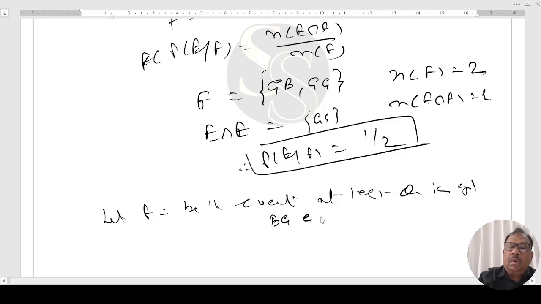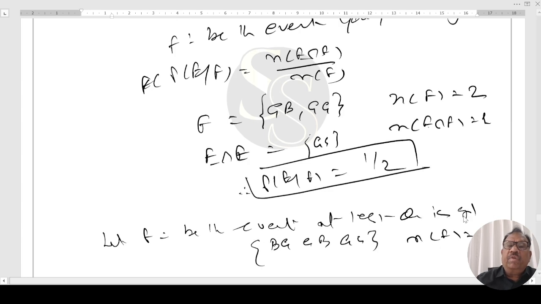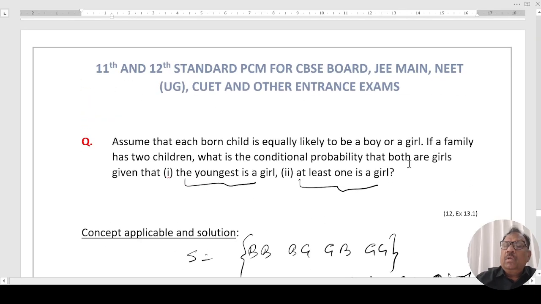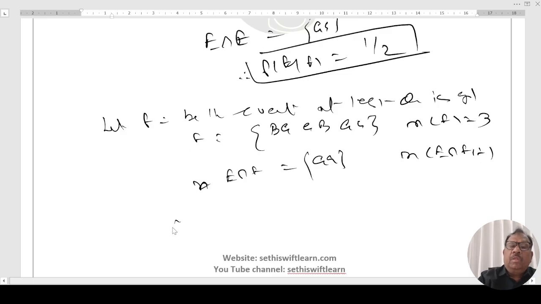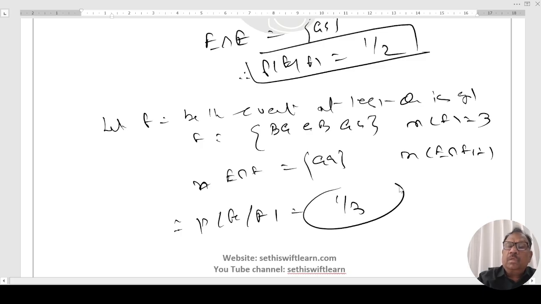Boy girl, girl boy, girl girl, so N of F is 3. And the E event is both are girls, so E intersection F will be girl girl. Therefore N of E intersection F will be 1. This is the sample space of F. Therefore P of E over F equals 1 by 3. That is the answer. Right? Next question.